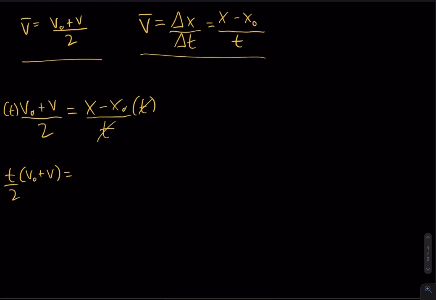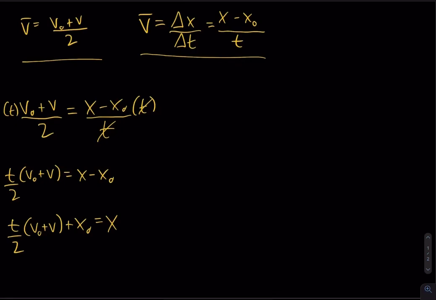And on the right, I just have x minus x naught. And then if we're just trying to solve for x, then we can just add x naught to both sides. So if we add x naught to both sides, we get t over 2 times v naught plus v, plus x naught, equals x.